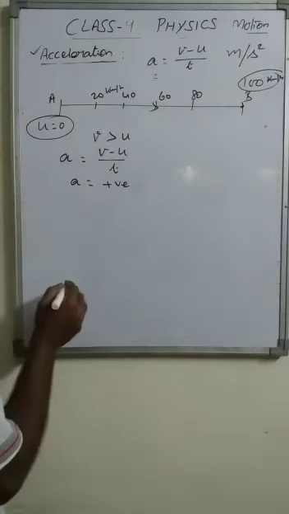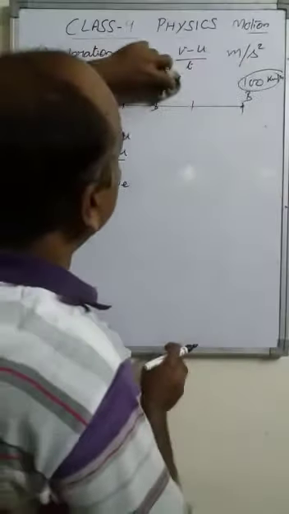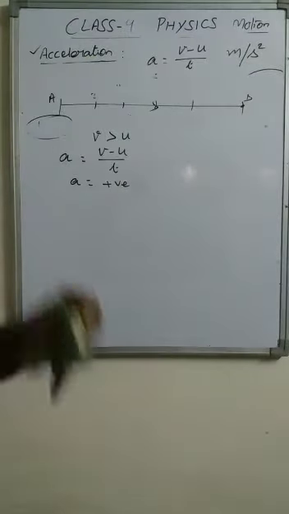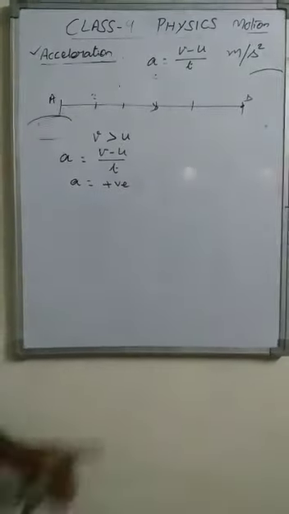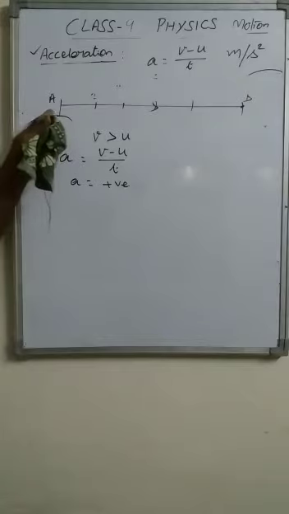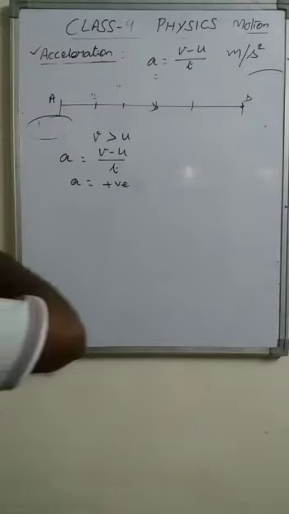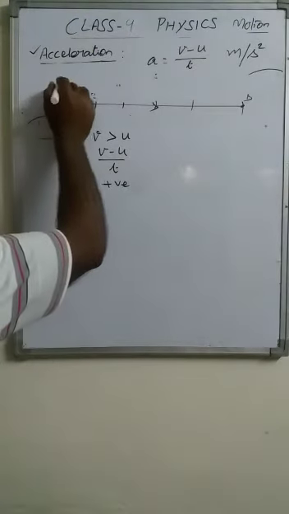If we take the other example, along the same straight line, the vehicle is already in motion when we see it at this point A. Suppose its speed is 10 meter per second.